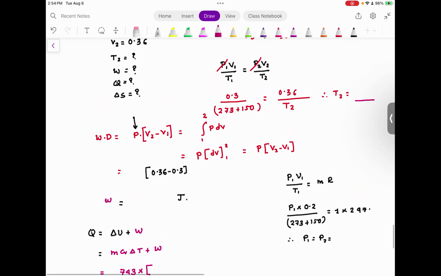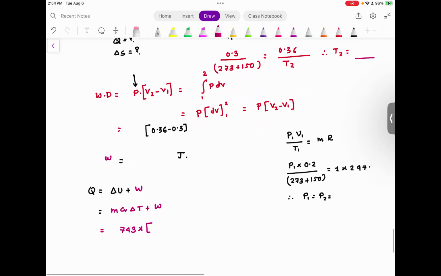Can someone tell me the value? I don't think I gave you the solution to this problem, but find the value of T2. So 700.4 Kelvin.